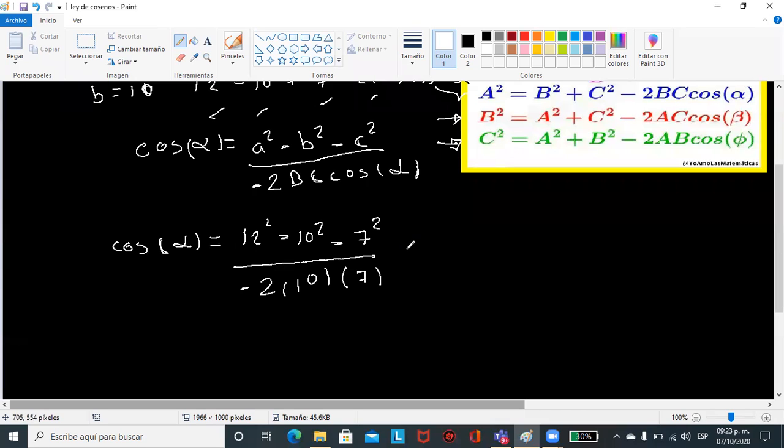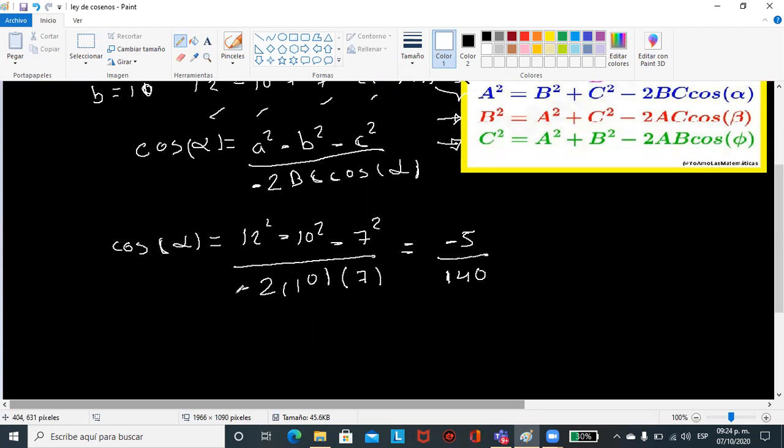If we solve this, we will have minus 5 over minus 140. Put this in your calculator: 2 times 10 times 7 is 140, and 12 squared minus 10 squared minus 7 squared is equal to minus 5.